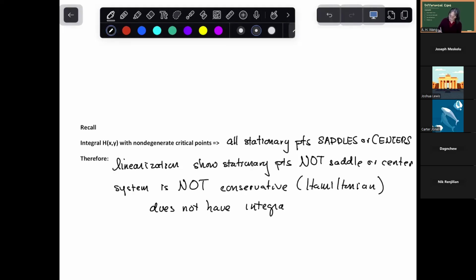So if there's anything besides a saddle or center, it's automatically not conservative.